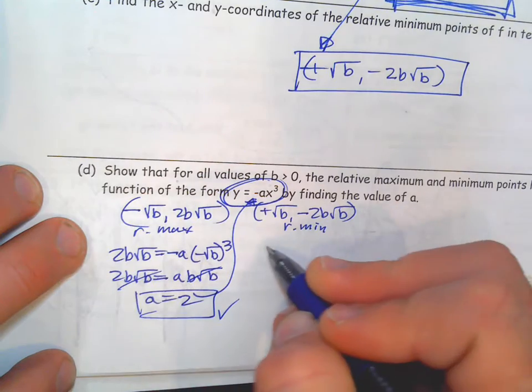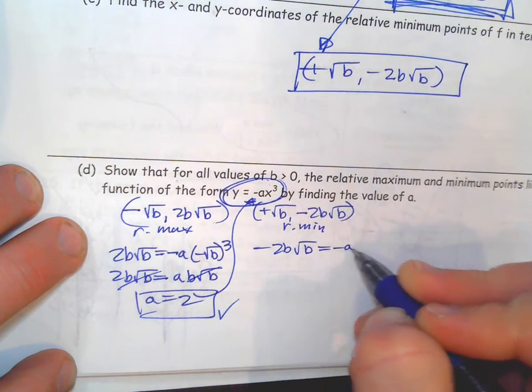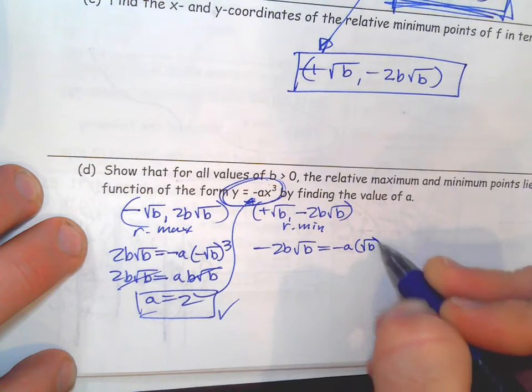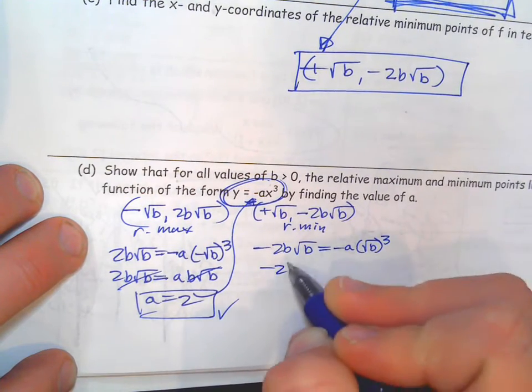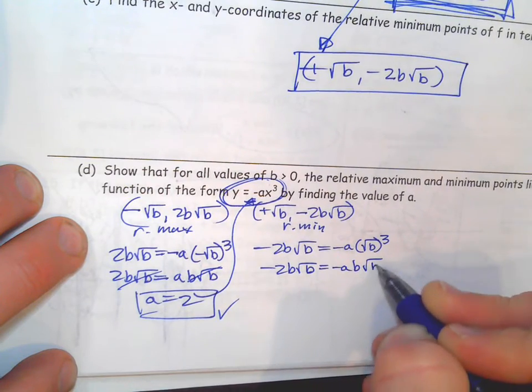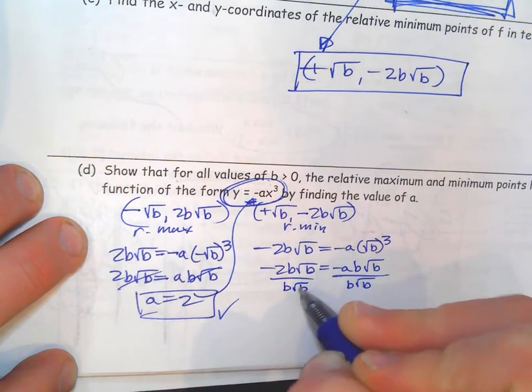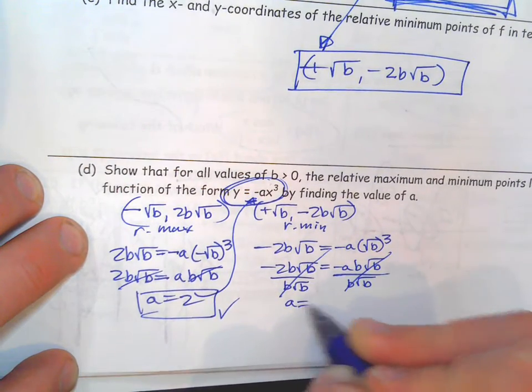And then negative 2b root b equals negative a times positive root b cubed. So negative 2b root b is negative a b root b. Divide both sides by b root b. A equals 2.